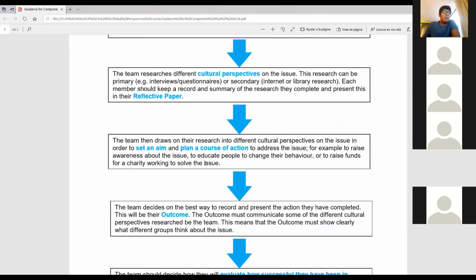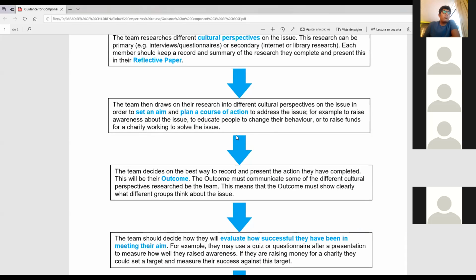After this part, you're going to then draw on your research into different cultural perspectives on the issue. Why? After you have every bit of information, you need to select a focus, an objective. Okay, if you are going to address or to help a local community service, you're going to define in which way you're going to help them with resources.